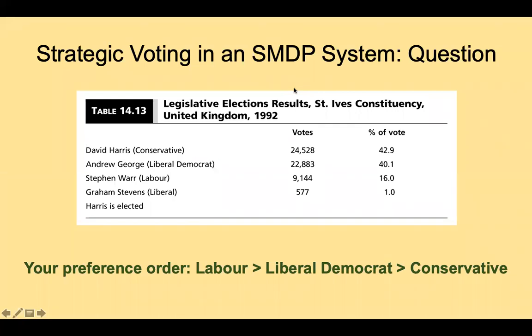This is why we call it strategic voting, because voters respond to the electoral system. They don't vote for their most preferred candidate if that candidate does not have a chance of winning. Instead, they vote for their preferred candidate who has the most likely chance of winning. And in this case, that's the liberal Democrat.